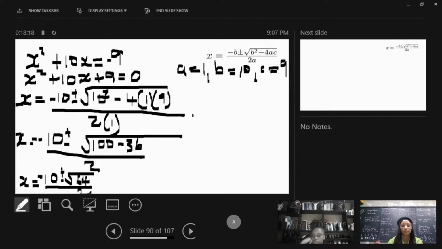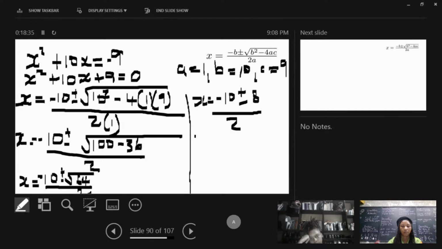And now we're going to find the square root of 64, which is 8. So negative 10 plus or minus 8 over 2. So now we're going to have two separate equations: negative 10 plus 8 over 2 and negative 10 minus 8 over 2.